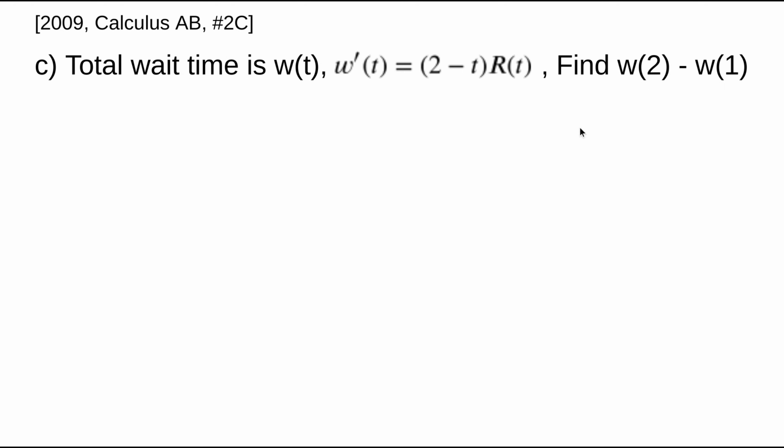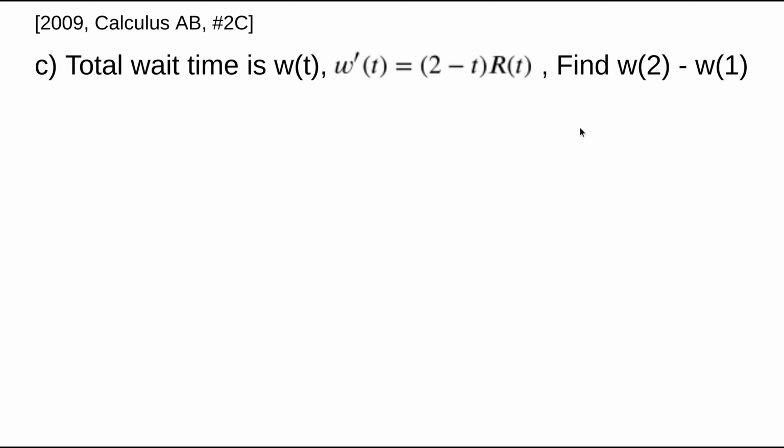In part C, we're given that there exists a wait time function W of t. We're not told what W of t is, but we are told that the derivative of W of t, W prime of t, is 2 minus t times R of t. And then we are asked to find W of 2 minus W of 1.